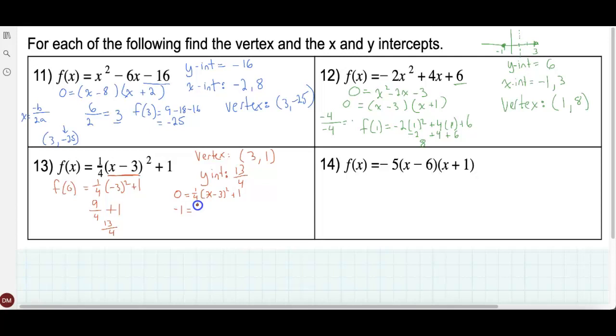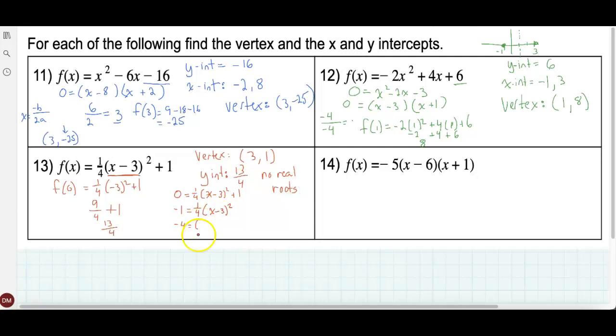So I think this is not going to work, right? Because we've got a positive here. So if I multiply by 4, that's still -4 equals, yeah, it's a perfect square, but it's negative. So there's no real roots here. So we're going to say no real roots.